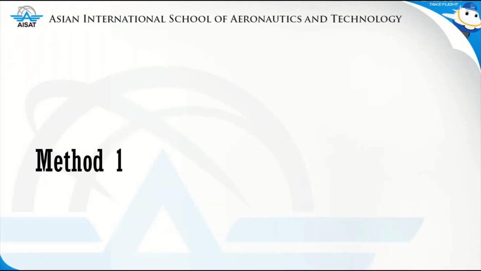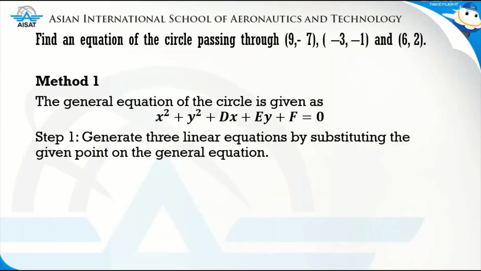So let's try to elaborate more on method 1. Now, we have this problem. Find an equation of a circle passing through (9, -7), (-3, -1), and (6, 2). So these are the 3 points on the circle.